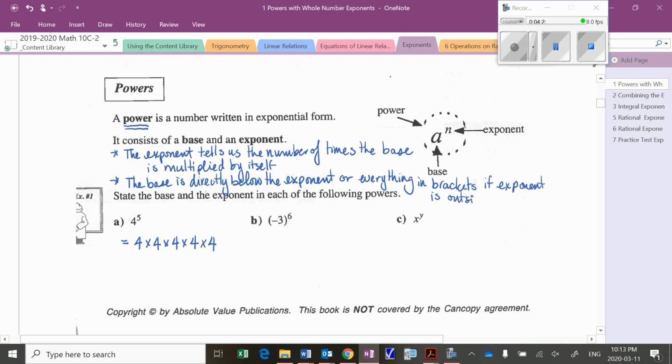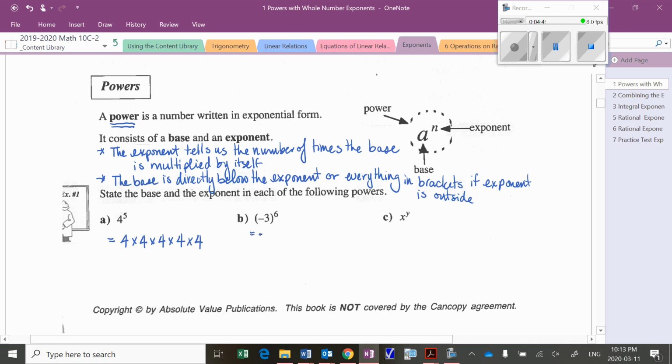And that's a really critical one, especially if we're talking about negatives. So the difference in example B is that the exponent 6 is outside the bracket. Everything inside the brackets, the negative and the 3, are inside, which means that the base negative 3 is multiplied by itself 6 times. So negative 3 times negative 3 times negative 3, and so on, 6 times.